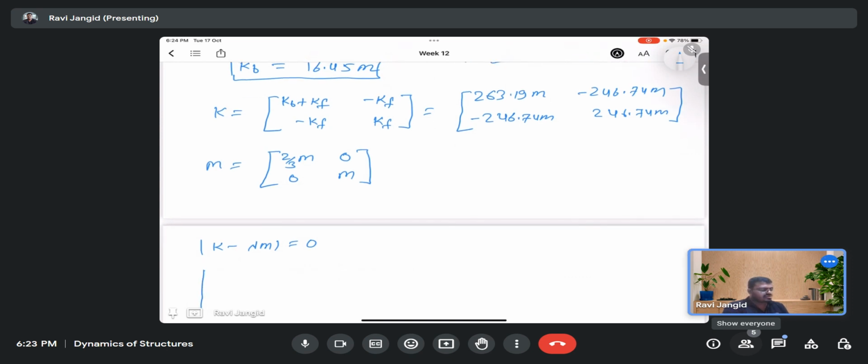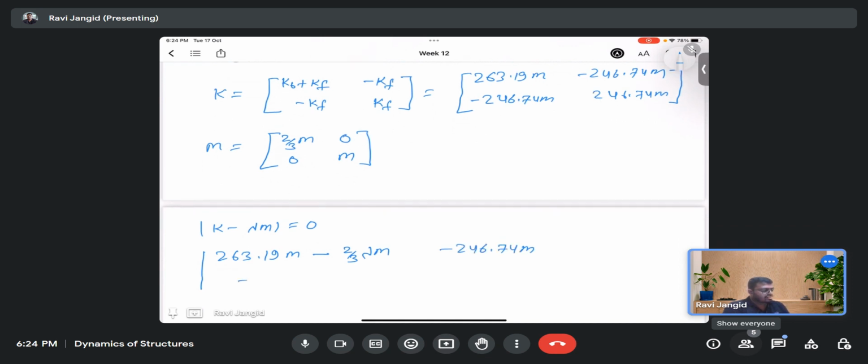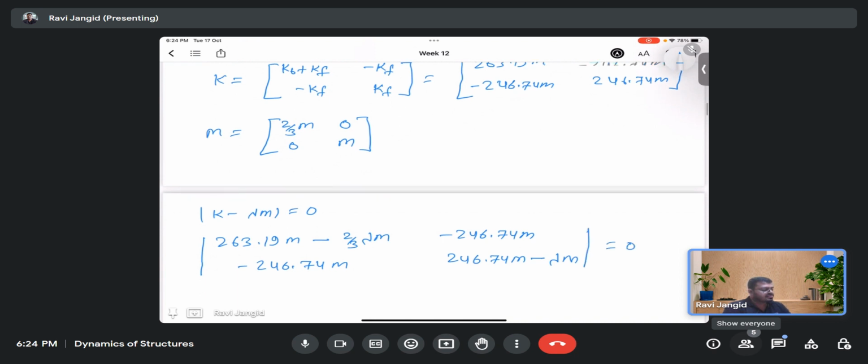So that would be 263.19 M minus 2 by 3 lambda M, 246.74 M, 246.74 M, and 246.74 M minus lambda M.